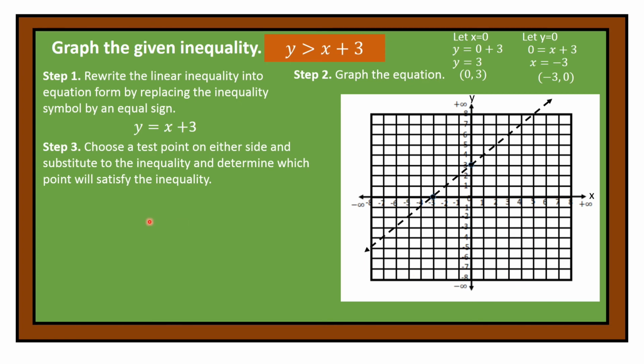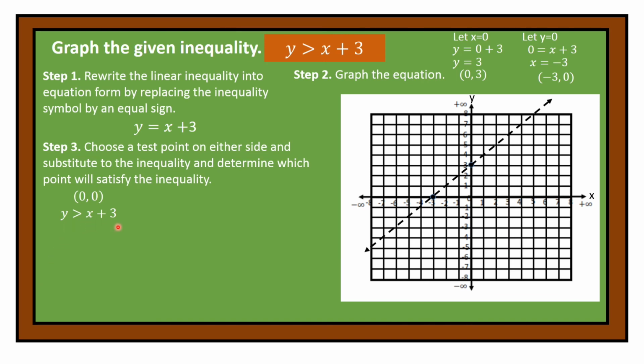Okay, next step. So, kuha tayo ulit ng test point on either side of our plane. So, kunin ulit natin test point ang origin, which is 0, 0. So, ang tinetest natin ay yung ating lower half plane. So, we have here y is greater than x plus 3.